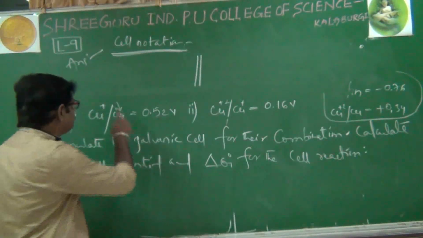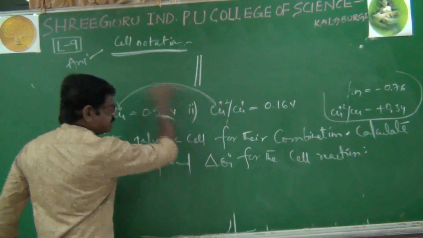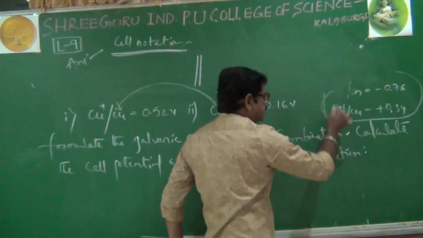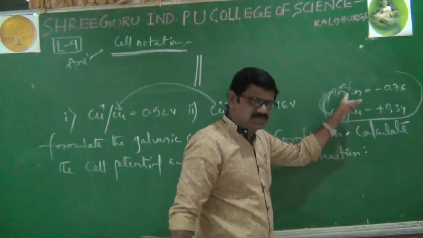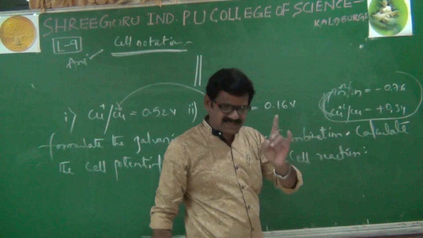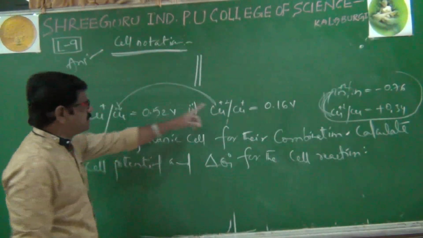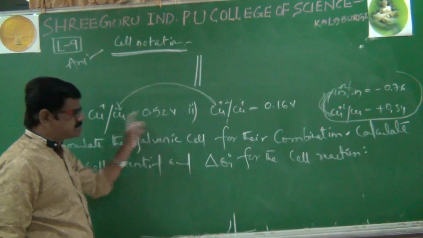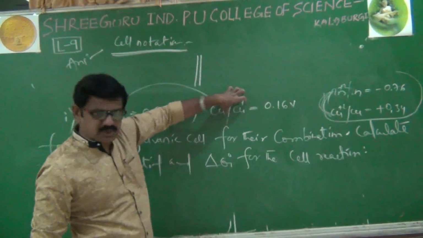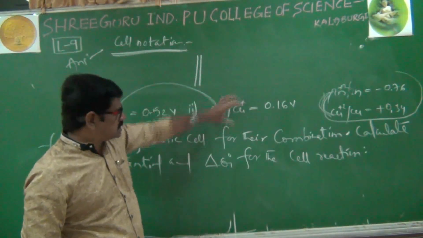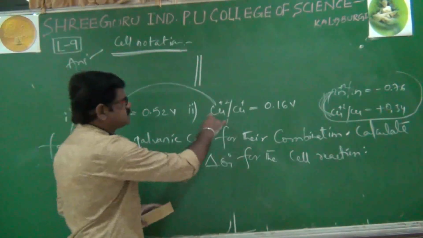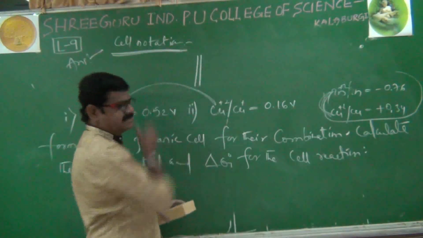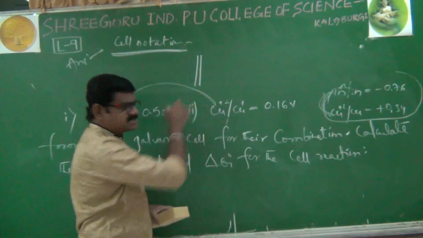When zinc and copper are connected to each other, zinc undergoes oxidation and copper undergoes reduction. Exactly, when these two electrodes are connected to each other, this electrode undergoes oxidation. That's why we have to write the oxidation symbol here, because we shouldn't write it as it is. It is a reduction symbol.